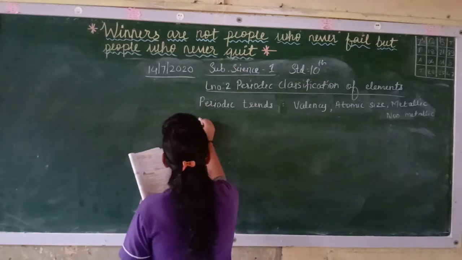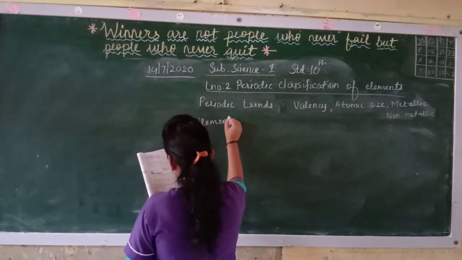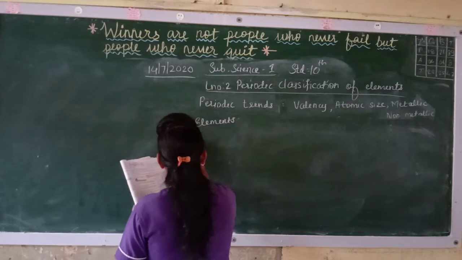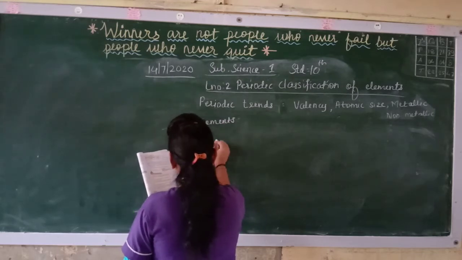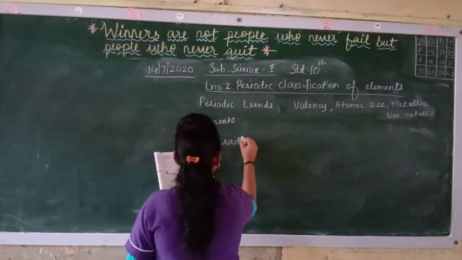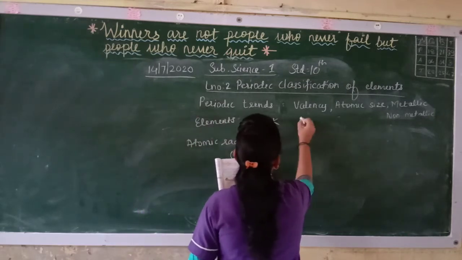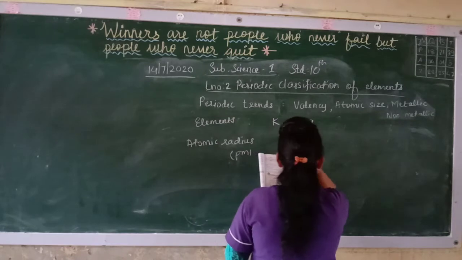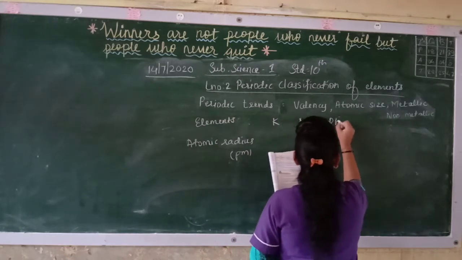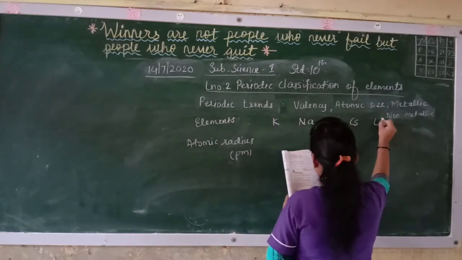Now this is down the group, we will see the elements. This is a picometer only. Now see they have given down the group: potassium, sodium, rubidium, cesium and lithium.